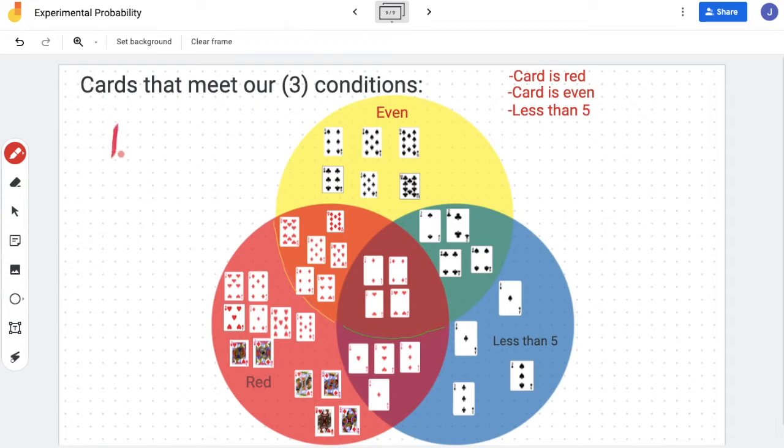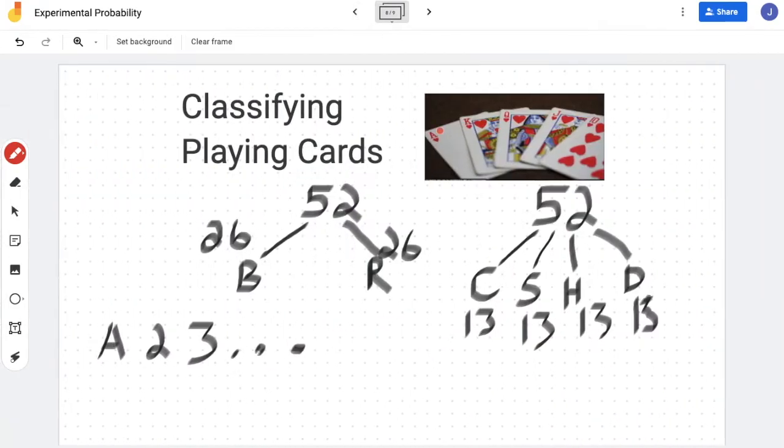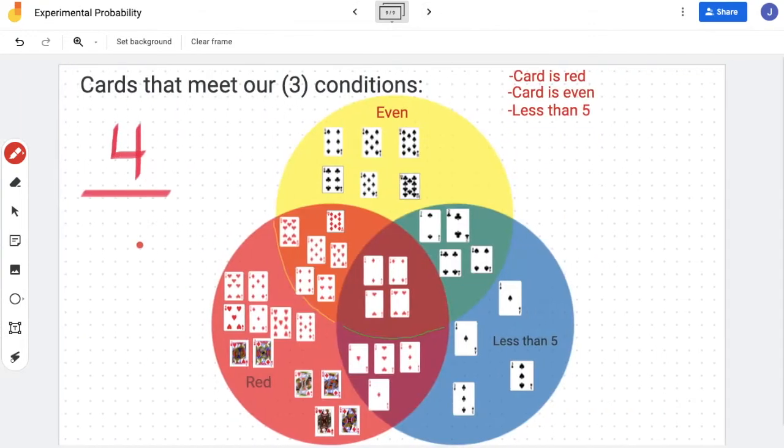So what is my likelihood of picking this card out of the whole deck? Well, it's 4. As you can see, there's 4 in the middle. So I have 4 favorable outcomes that meet all my conditions. And it's going to be out of the whole deck of cards, not just the ones that meet one of my conditions, because that would be less, but I'm talking about the whole card deck. So 4 out of 52 is going to be the probability, and I can go ahead and reduce that.